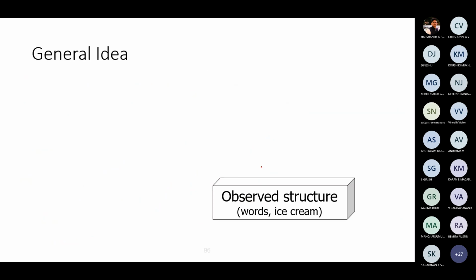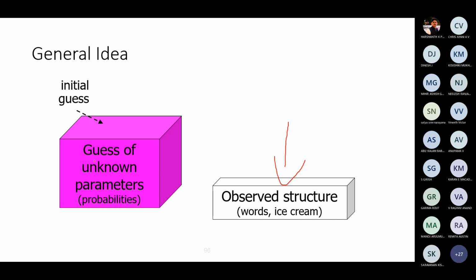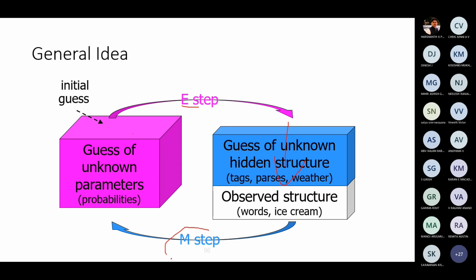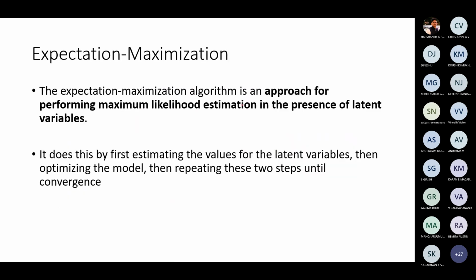So you have the observed data structure. Now you make a guess of the unknown parameters and form the parameters. Then you do the E step, and combine the E step with the observed data in the M step. Then you repeat steps 2 and 3 till it converges.